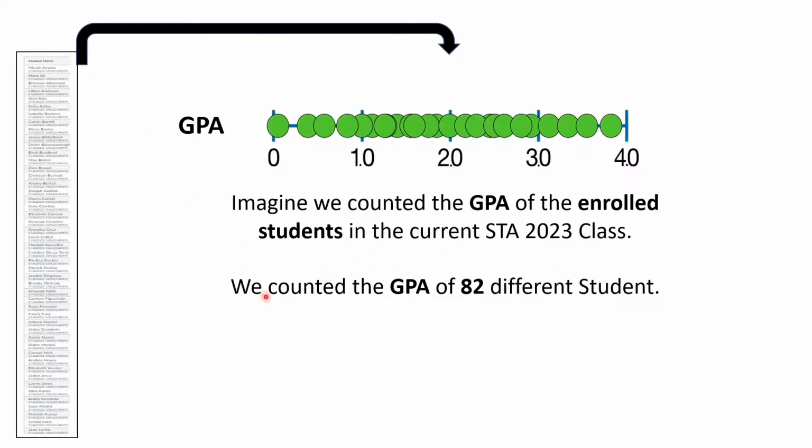In other words, we counted the GPA of the 82 different students. Each of these dots represents the GPA of one of the 82 students. So in total we have 82 dots, right? This is the lowest GPA of one of the 82 students, and this is the highest GPA, right?